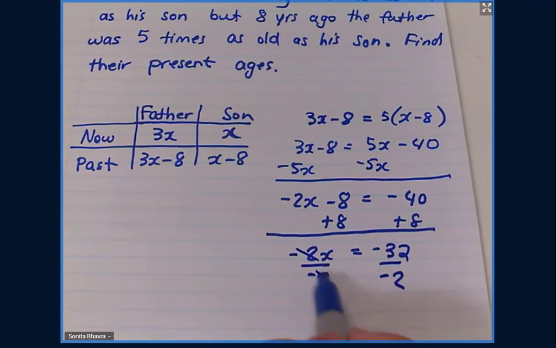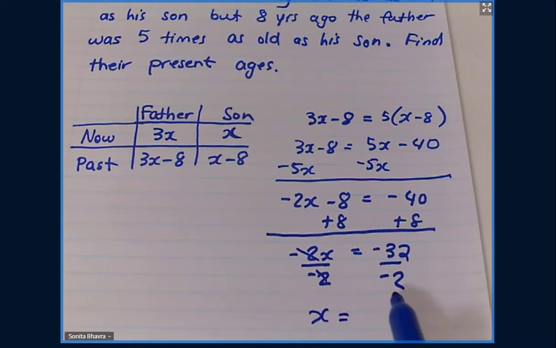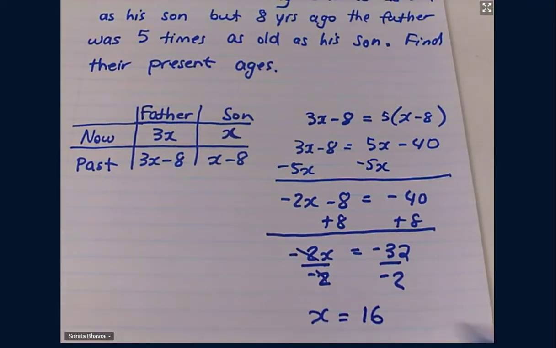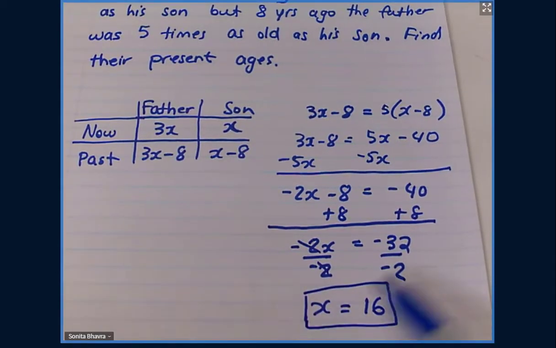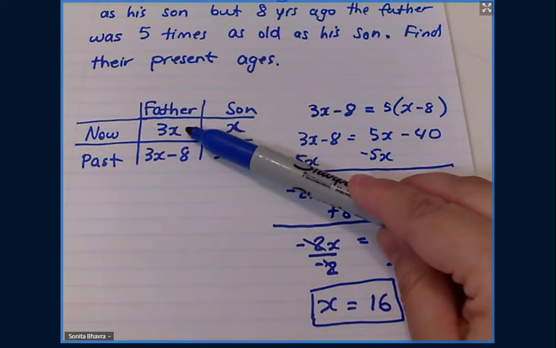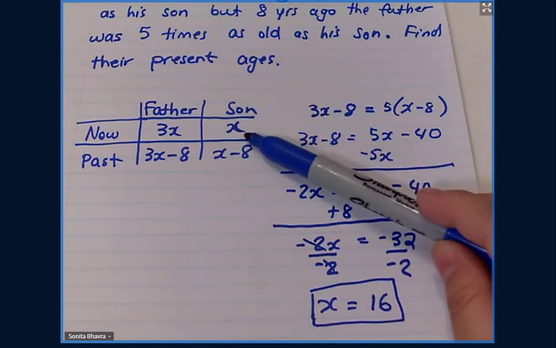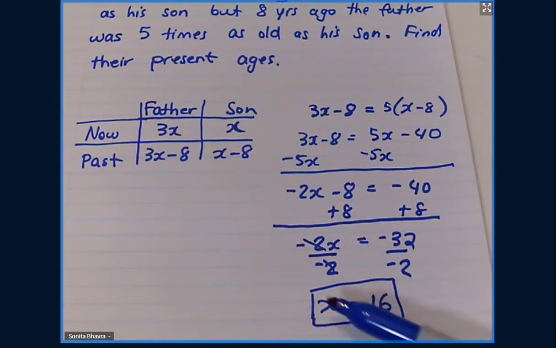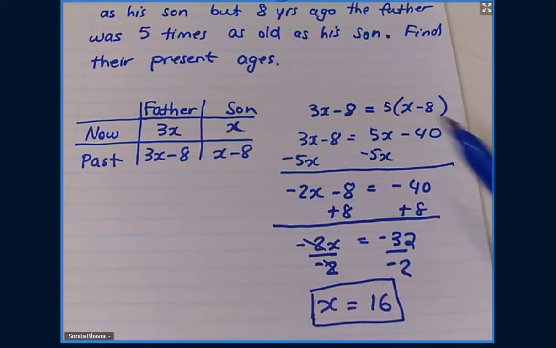And that will give us x is equal to 16. All right, so we've solved for x. But make sure we go back to figure out their present ages, so their ages now. So the son is x, so 16 years old, and the father is 3 times x, so 3 times 16, which is 48.